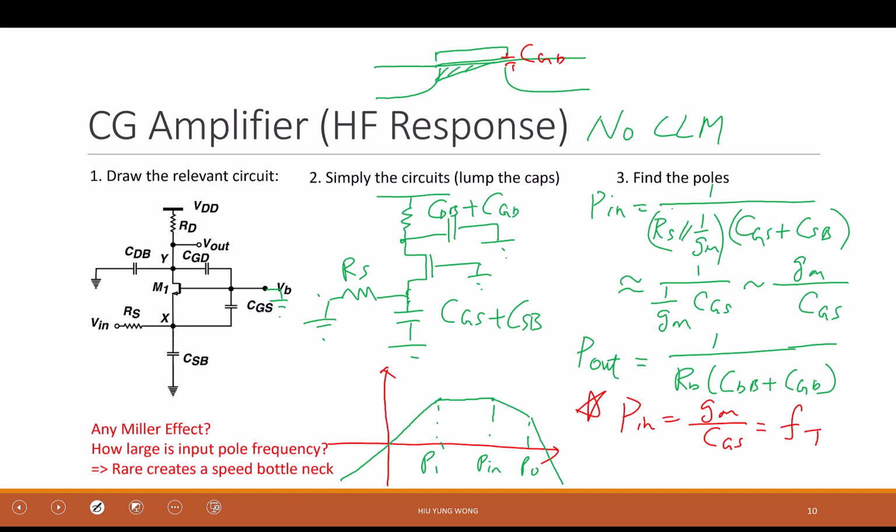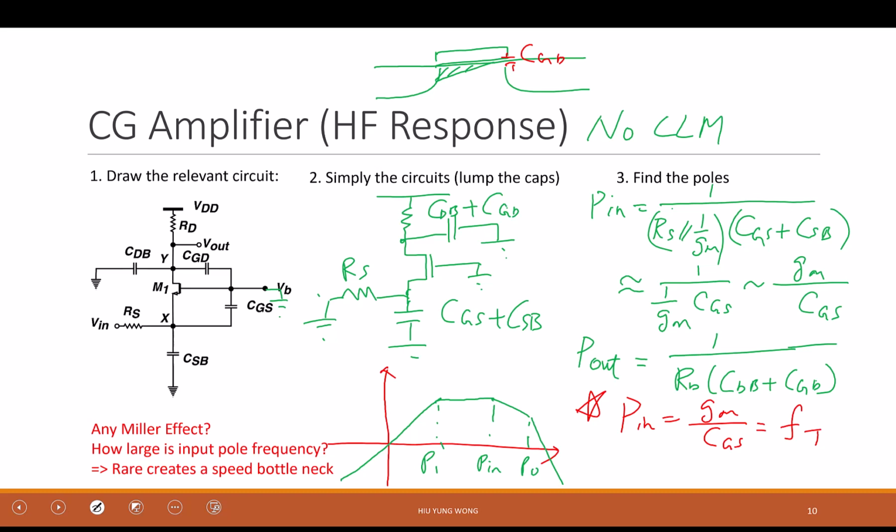Your circuit cannot operate faster than your transit frequency. Just as if your building is just a matter of stacking up bricks, the force per unit area you can stand cannot be larger than what the brick can stand. Same for this one.